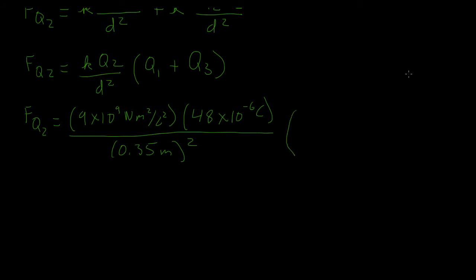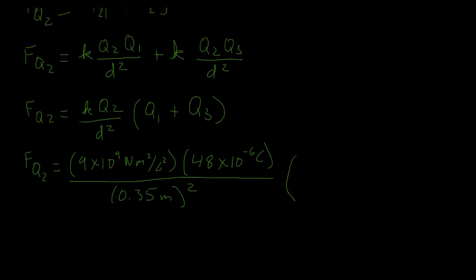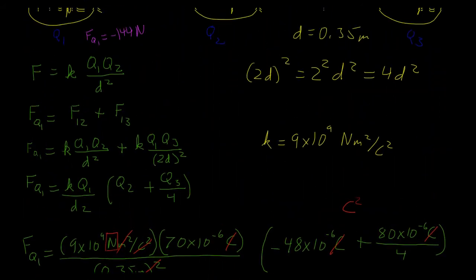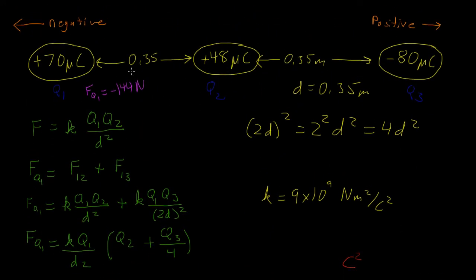And then we need to do the same thing and determine the directions. So when Q2 is acted upon by Q1, they're both positive, so Q2 is going to want to go to the right. So now this time I will enter 70 as being positive.